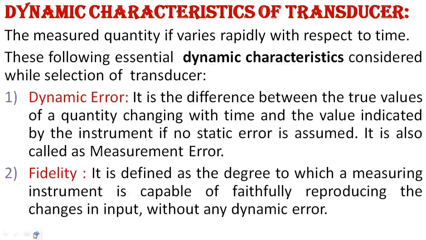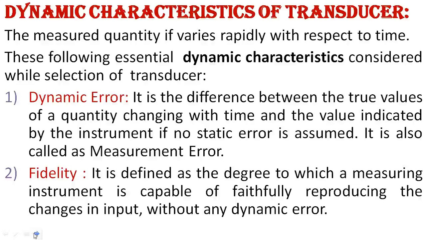The next one is fidelity. Fidelity is the degree to which a measuring instrument is capable of faithfully reproducing the changes in input without any dynamic error. It means how well your instrument responds to changes in input.